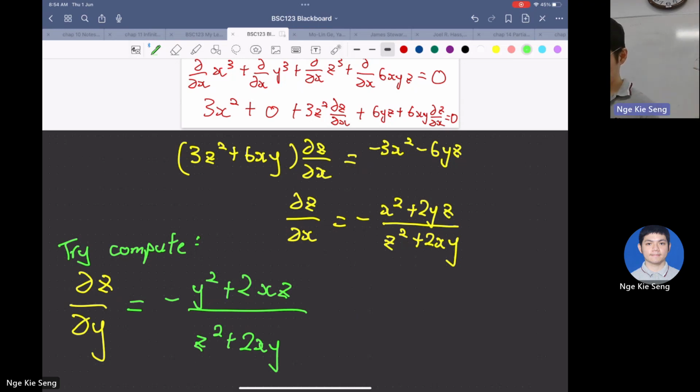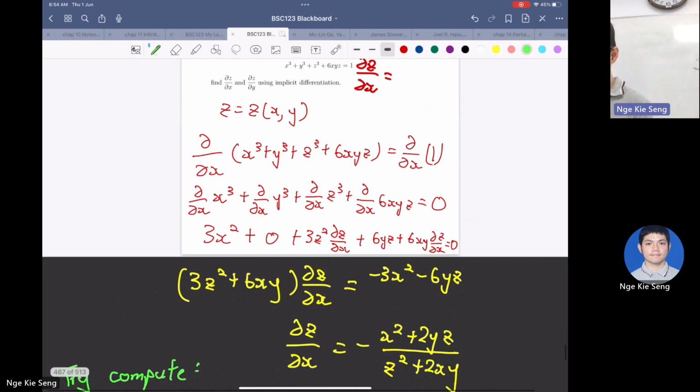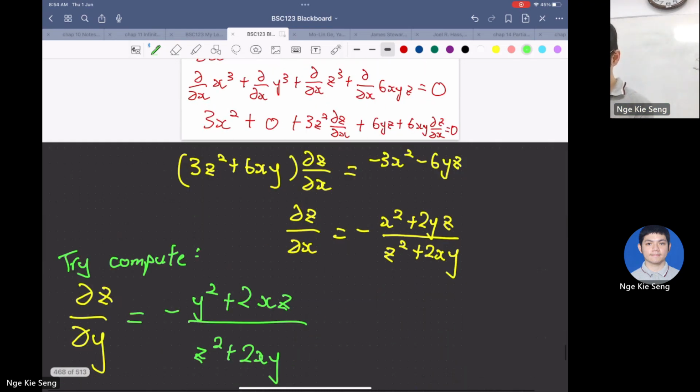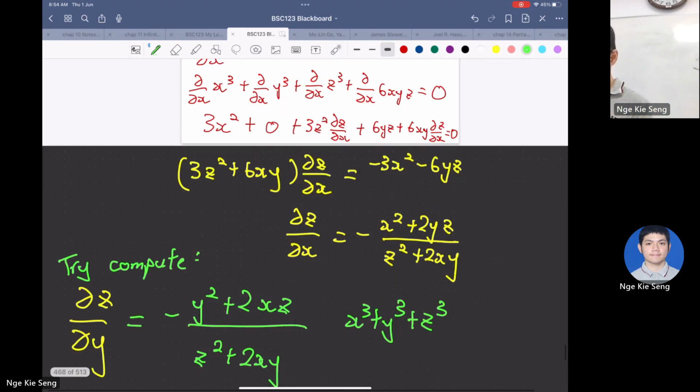Let me copy the function: x cubed plus y cubed plus z cubed plus 6xyz.